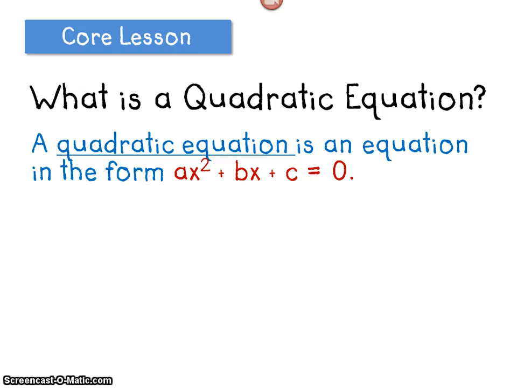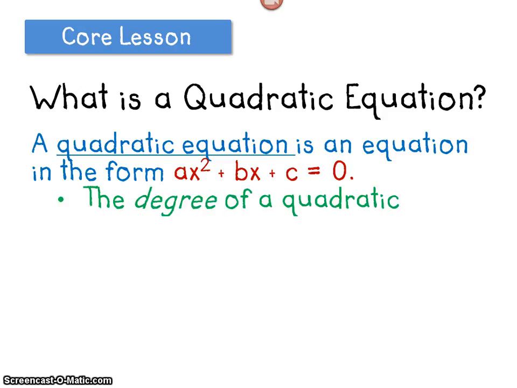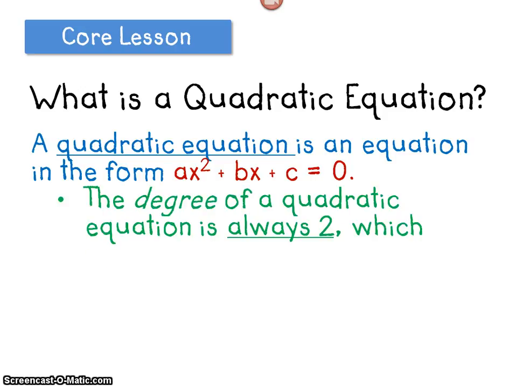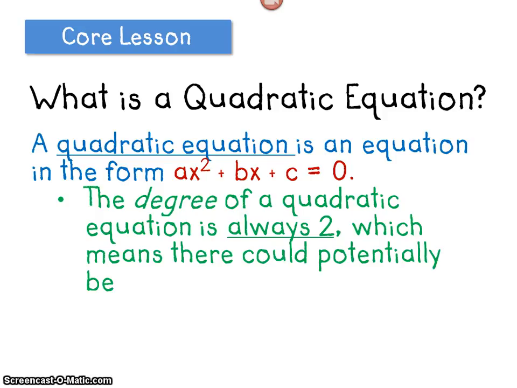That ax squared plus bx plus c is a trinomial in standard form, and a quadratic equation takes that trinomial and sets it equal to 0. The degree of a quadratic equation is always 2, which means there could potentially be 2 solutions. Sometimes there will be 1, and sometimes there will be 0, but most often there will be 2 solutions.